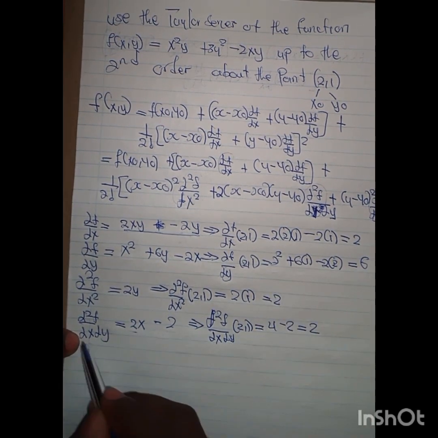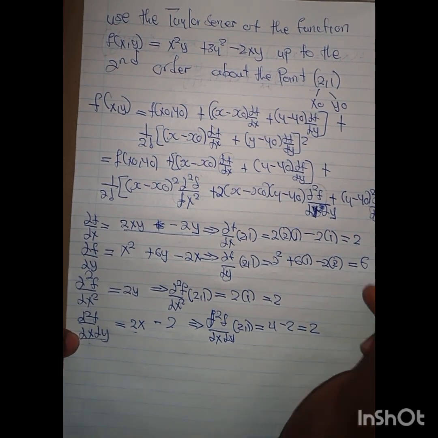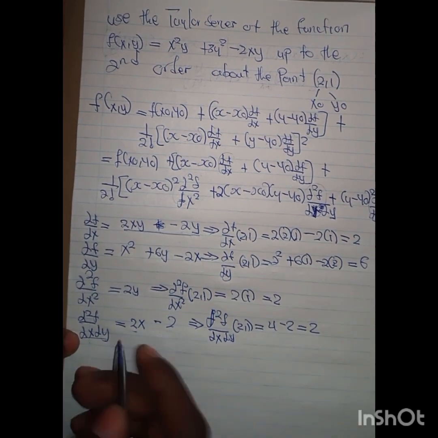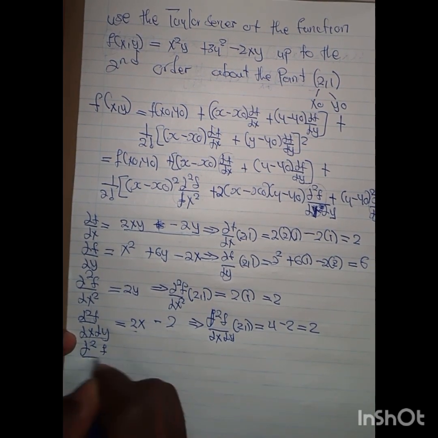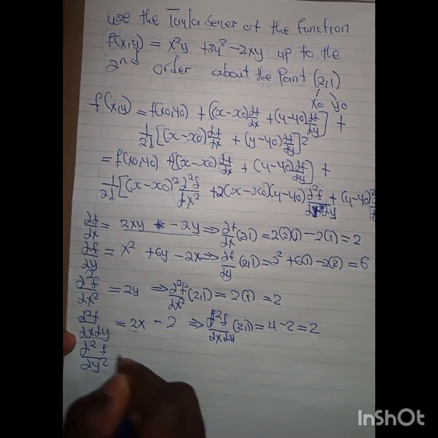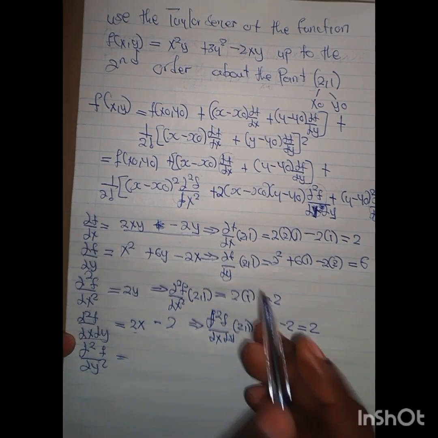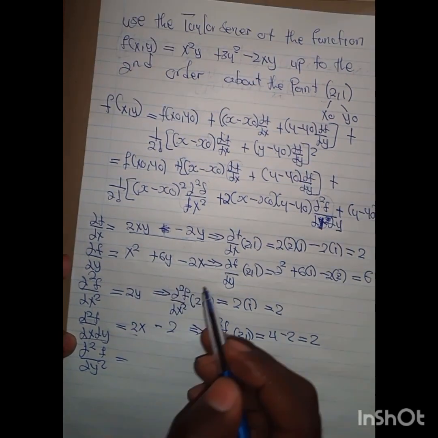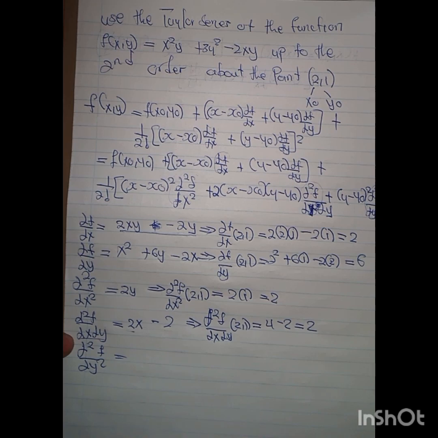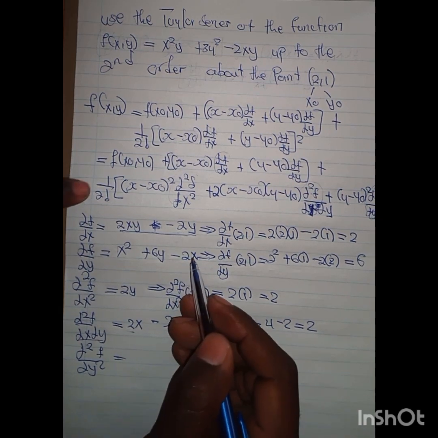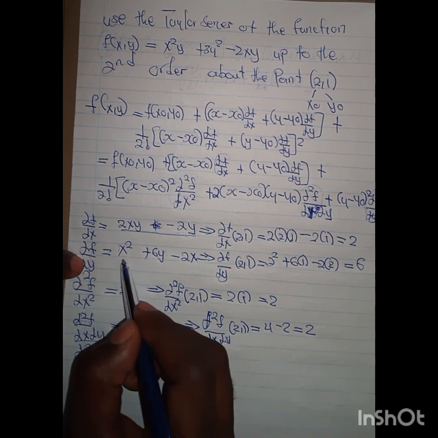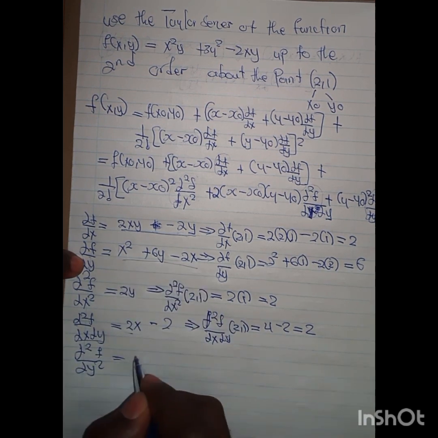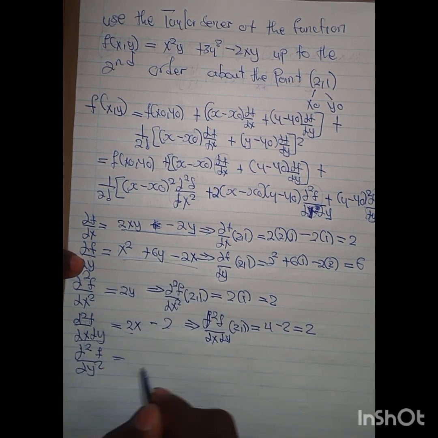Now we have the following. We are sorted. We can come to the last term, which is our d squared f over dy squared. Then we differentiate the function f with respect to y twice. We've already differentiated this function with respect to y, which is this equation. Now we differentiate it with respect to y again.